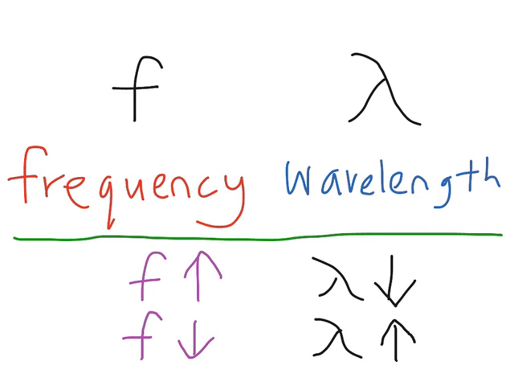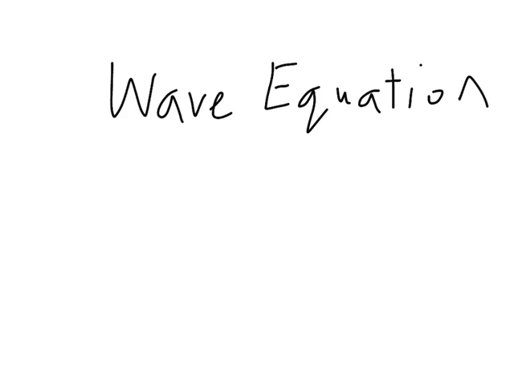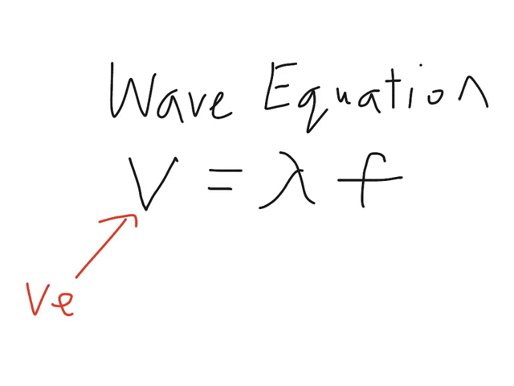There is a formula we will use that expresses this idea, and in this video, we are going to learn how to use this formula to solve problems. This formula is the wave equation. The wave equation goes V equals lambda F, where V is velocity, how fast a wave travels.